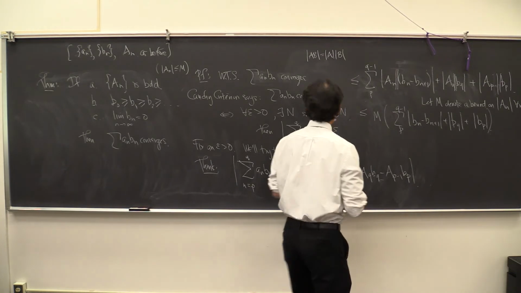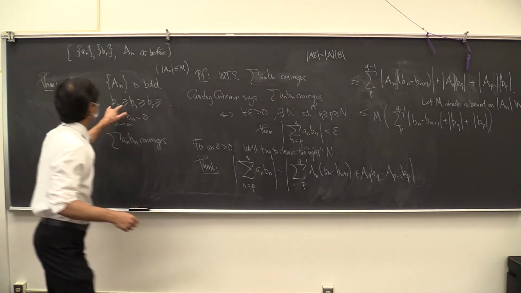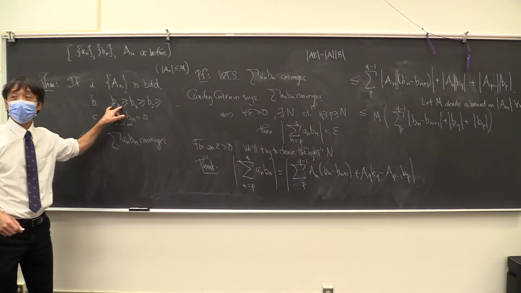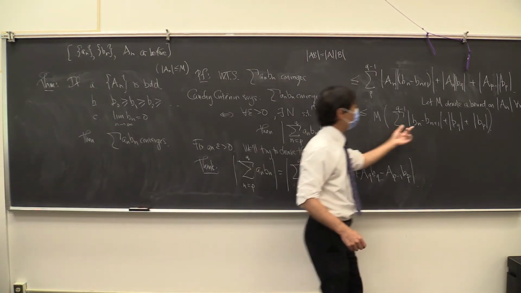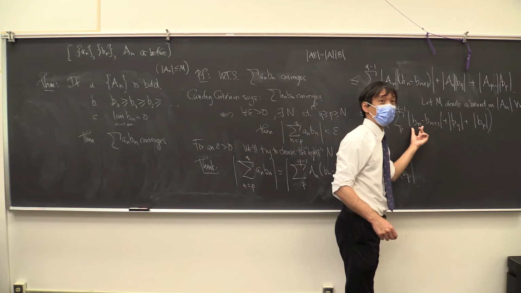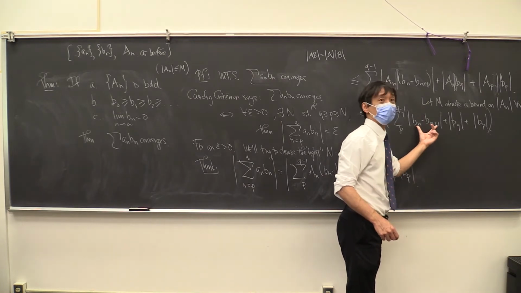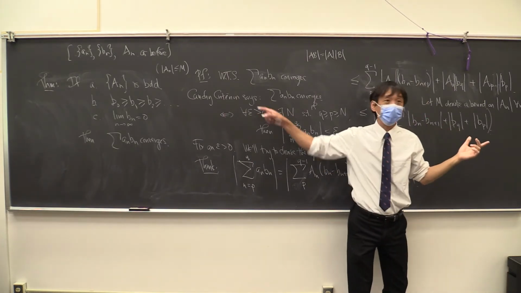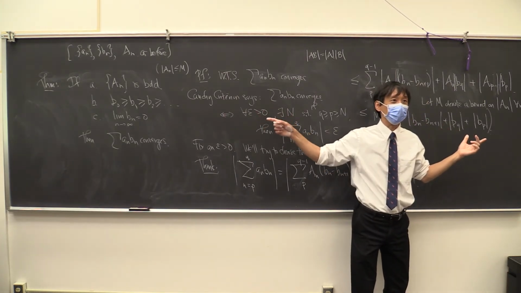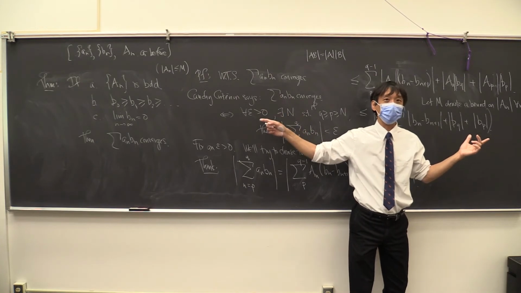Okay. But now recall that these numbers, the b's, are decreasing. So if we're subtracting the next guy from the previous guy, then this is a positive number. So I can get rid of the absolute values. Further, they're decreasing to 0, so they're all positive, or at least non-negative numbers.